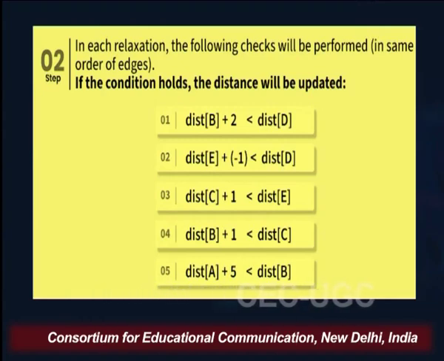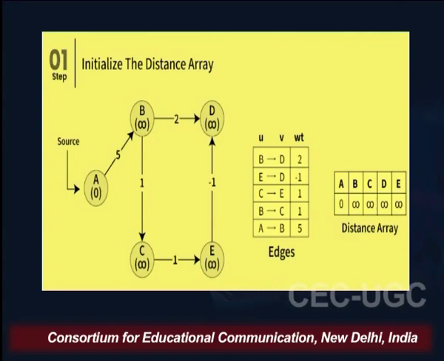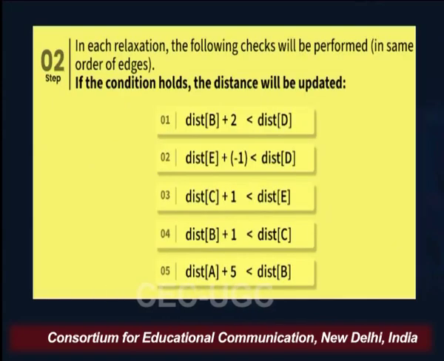So, the first check says distance of B plus 2 should be less than distance of D. Distance of B is presently infinity, or we can update it to 5, and then we can do it in the next iteration as well.